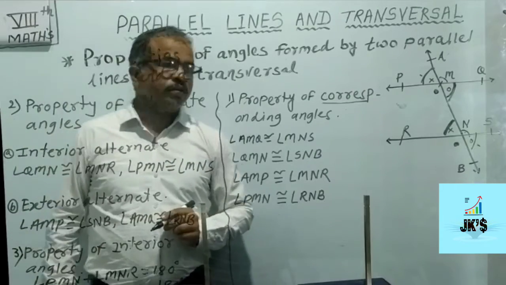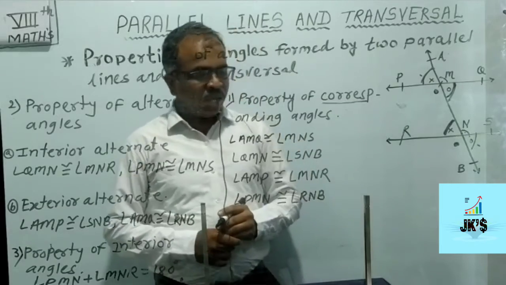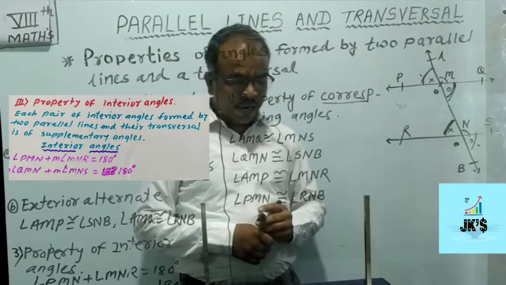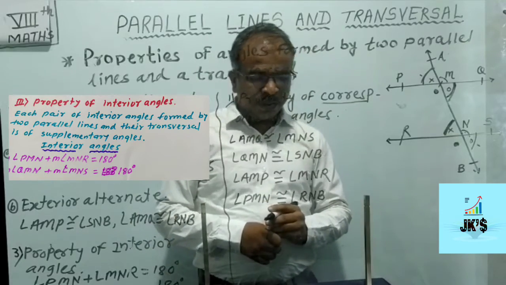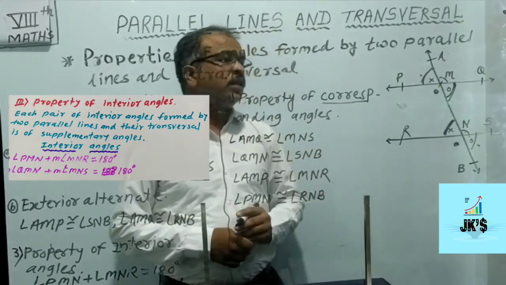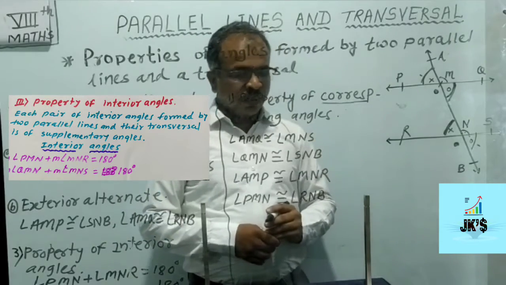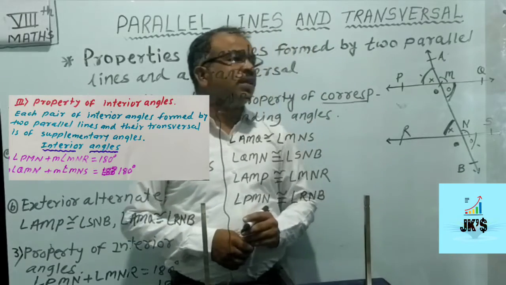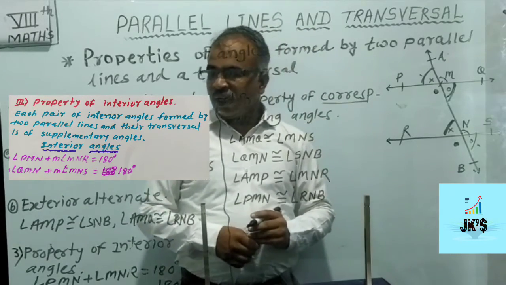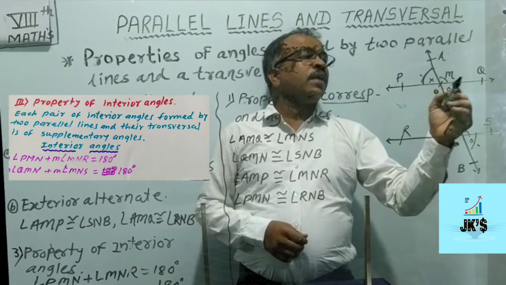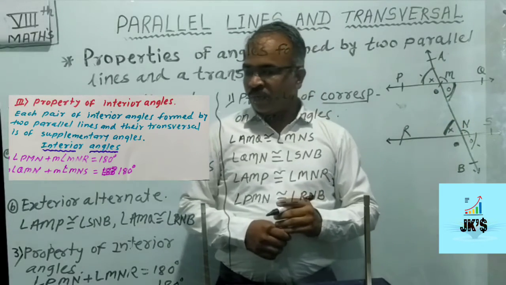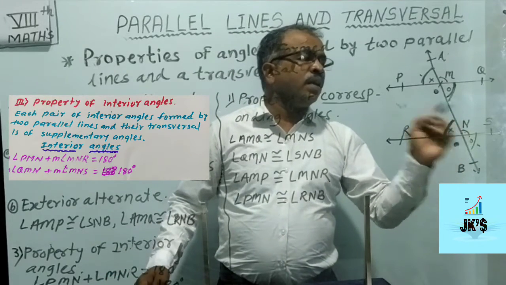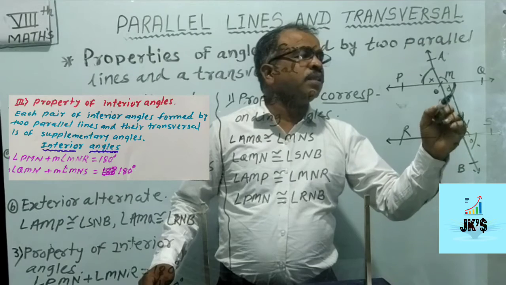Okay. Now the property of interior angles. Each pair of interior angles formed by two parallel lines and their transversal is supplementary. Supplementary means the sum of the two angles is 180 degrees. Which are the interior angles? We take QMN plus MNS.